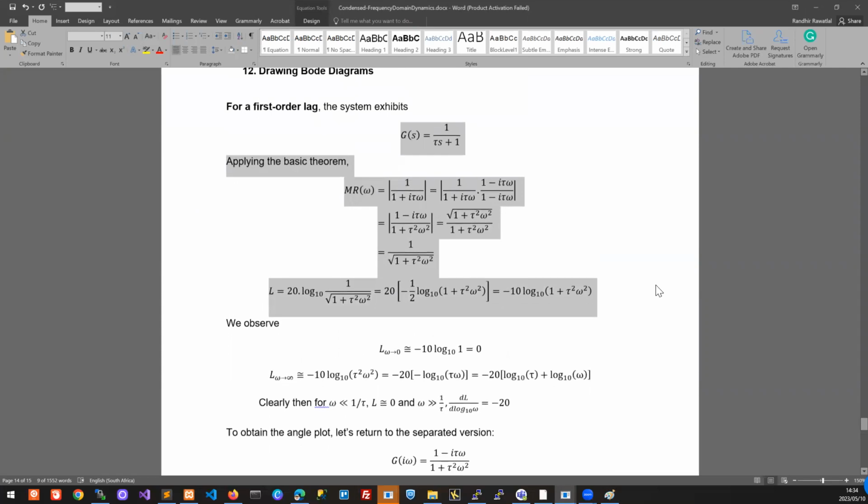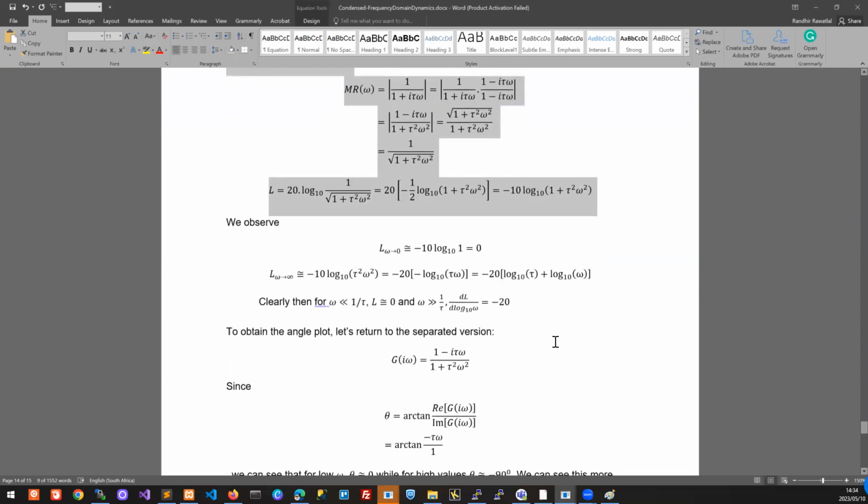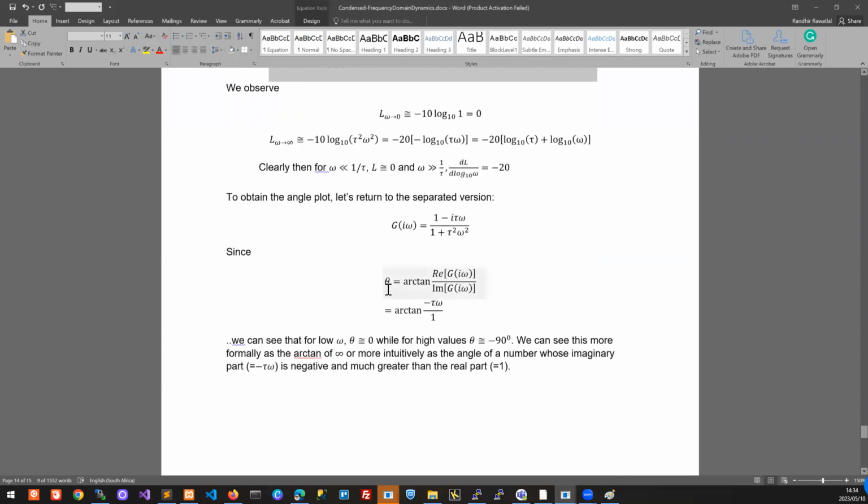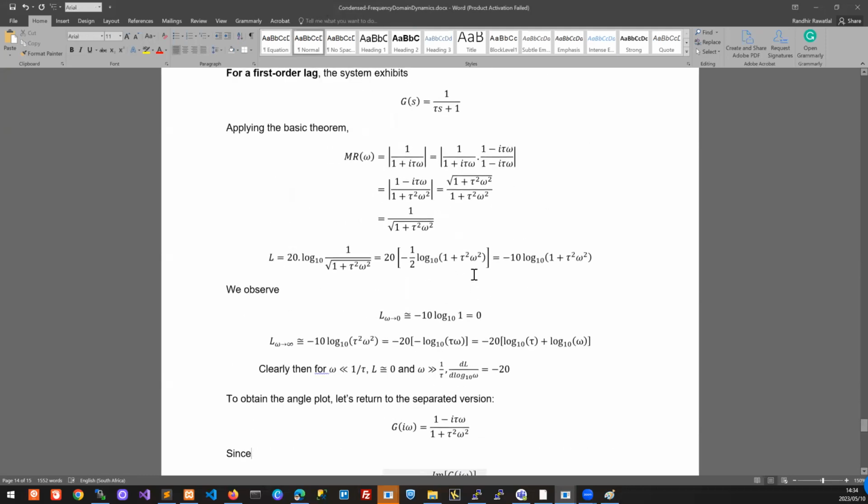And we also need to draw the part for the angle. And so for the angle, we know the angle is always the arctan of the imaginary part over the real part. So let's go back to g of i omega. If we look here, this is where we've actually worked out the number in terms of real parts and complex parts. So here's the real part, and here's the imaginary part.